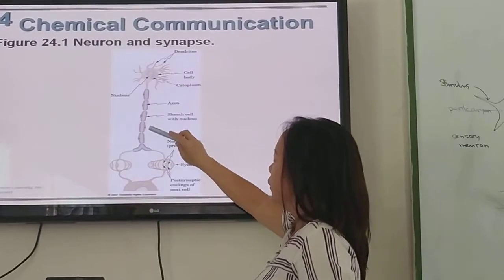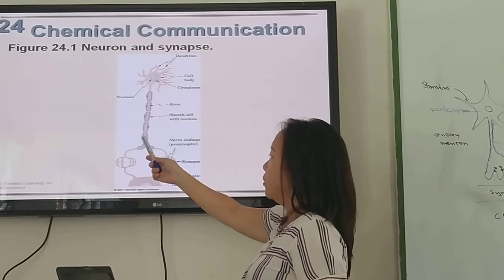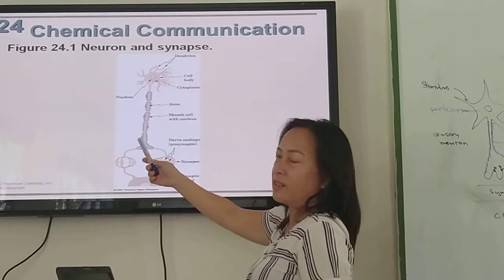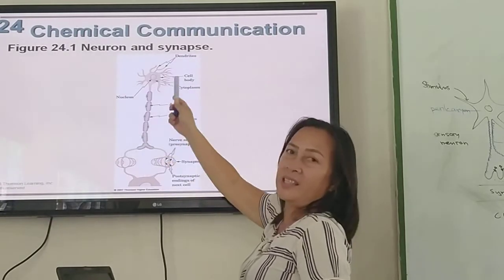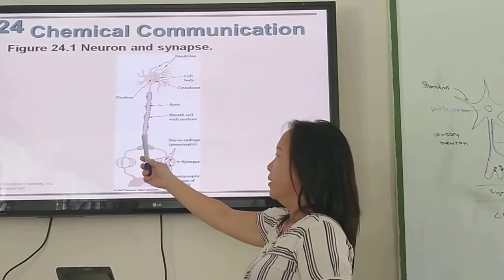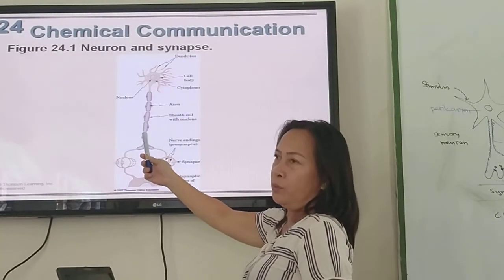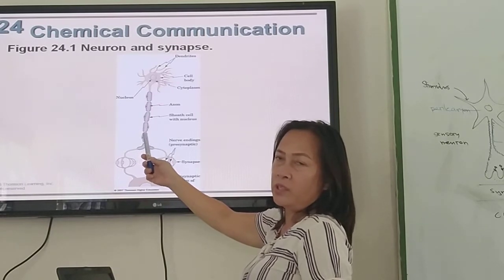And of course, this sheath consists also of Schwann cells. Kanina siya, napod siya a cell within a cell. Now, the purpose of these Schwann cells is to produce the myelin sheath. So this is the one that produces the myelin sheath.